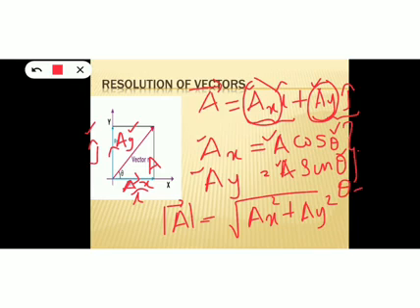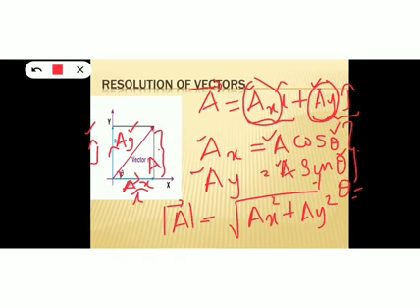Then how will you find theta? You can also find theta if ax and ay are given. How? See, from this right angle triangle, what is tan theta? Tan theta is opposite side by adjacent side. And here, which is the side opposite to theta? This is the opposite side, and the opposite side is ay.